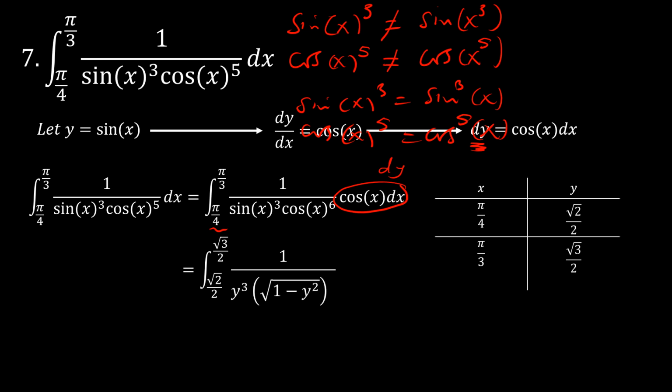Sine x is the same as y, so y to the power 3, and cosine x is the same as the square root of 1 minus sine squared x, so it's 1 minus y squared, all to the power 1 over 2, raised to the power 6. Applying this power 6, this becomes 1 over y to the power 3 times 1 minus y squared all to the power 3. So that is our integral.